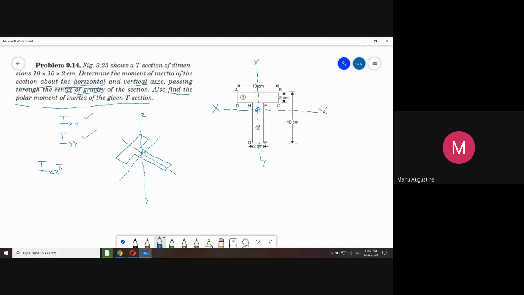And in order to obtain the polar moment of inertia, all you have to do is apply the perpendicular axis theorem. So if you manage to obtain the value of Ixx individually and Iyy individually, then in order to find the polar moment of inertia, all you have to do is add these two at the end of the problem. And this will conclude the overall problem.